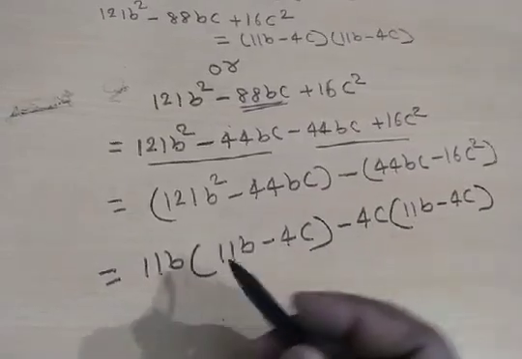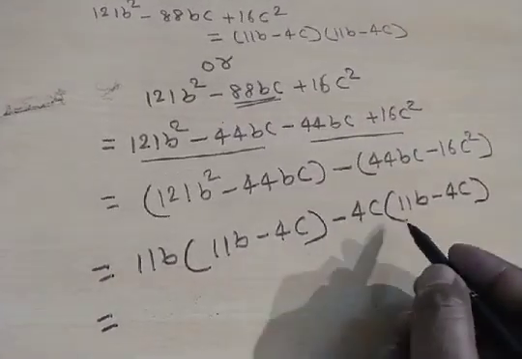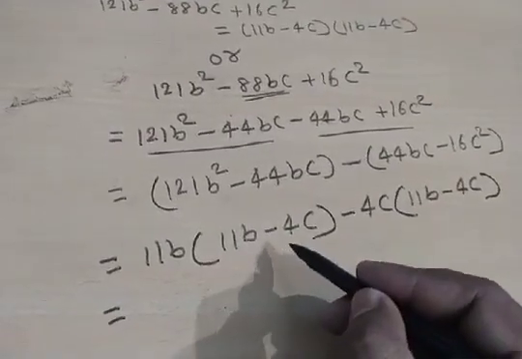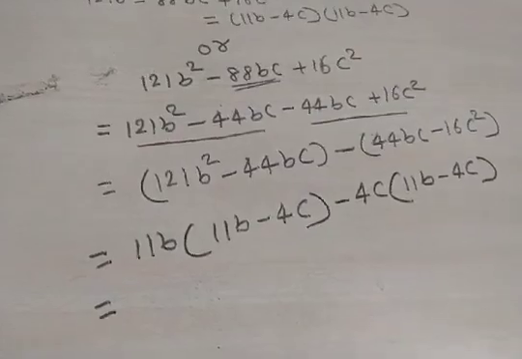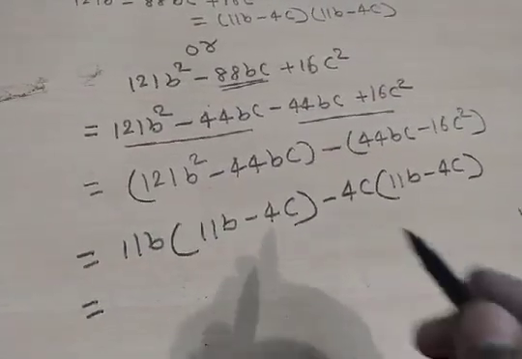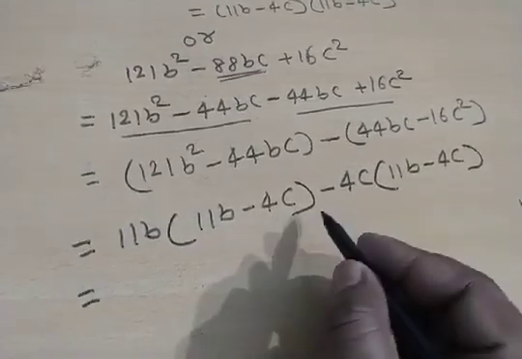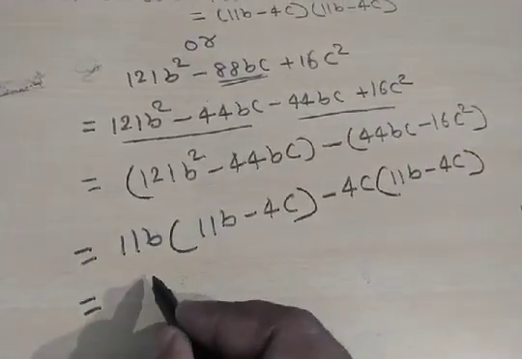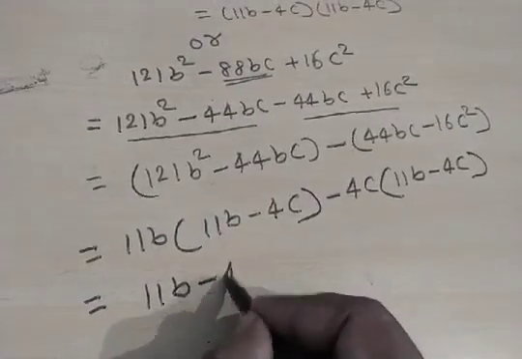Clear? So here you can see in both terms, this is the first term, this is the second term, what is common? Obviously you can see 11B minus 4C is common in both terms. So take common 11B minus 4C.